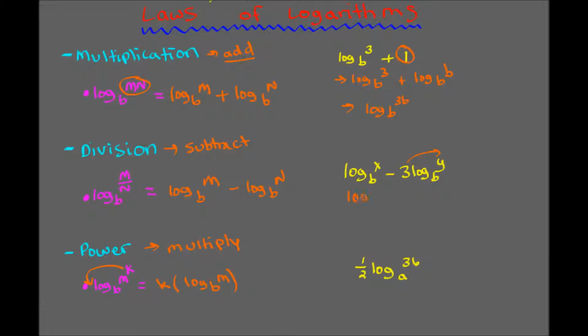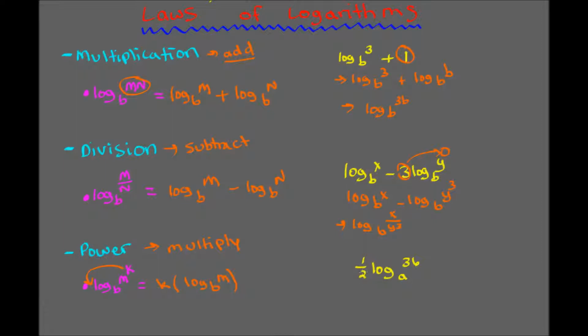We would get log base b of x minus log base b of y cubed, because we took this coefficient and moved it up top. Now we can apply our division rule right here, and we would get log base b of x over y cubed. And that's our answer.